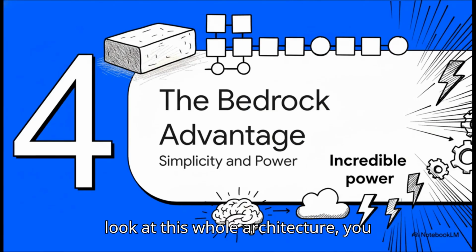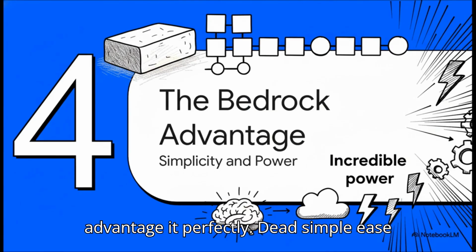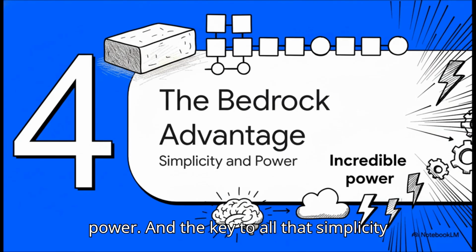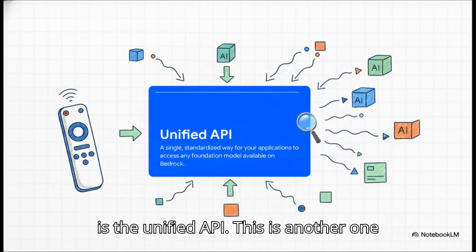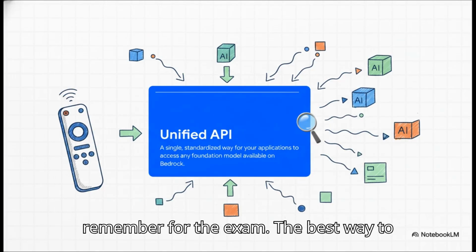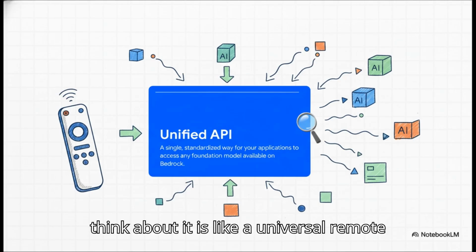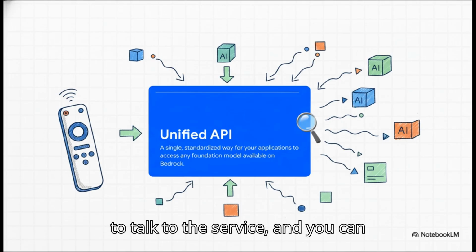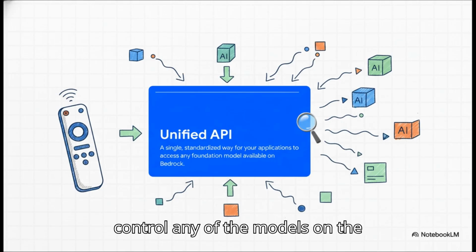So when you look at this whole architecture, you really start to see Bedrock's main advantage. It perfectly blends dead simple ease of use with some seriously incredible power. And the key to all that simplicity is the unified API. This is another one of those core concepts you'll want to remember for the exam. The best way to think about it is like a universal remote for AI. You learn one API, just one way to talk to the service, and you can control any of the models on the platform.